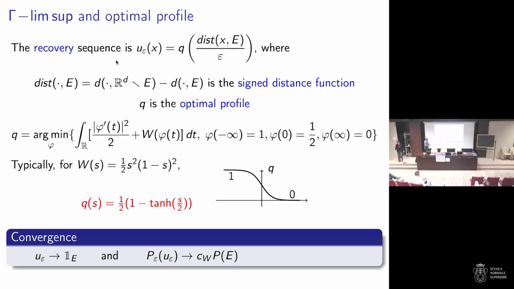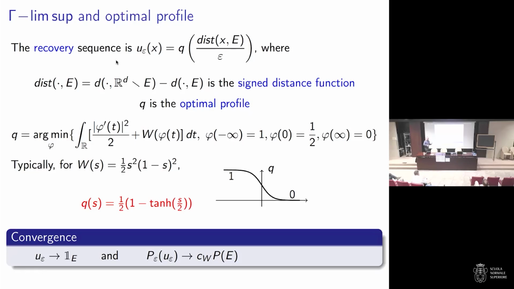So you need first to consider the signed distance function to your domain, which is positive inside, negative outside. You divide by epsilon, and you compose with Q, which is an optimal profile. An optimal profile is actually a minimizer, under certain limit and intermediate conditions, of your 1D energy.